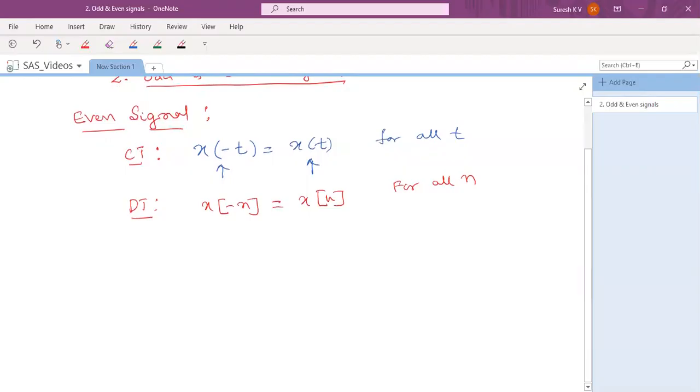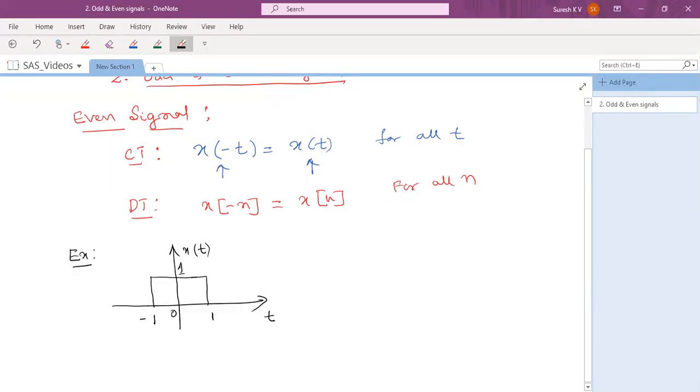So let us just take an example, both for a continuous time case and a discrete case. x of t is as shown here. Let us take this value to be minus 1 and this is plus 1 and the magnitude is 1.